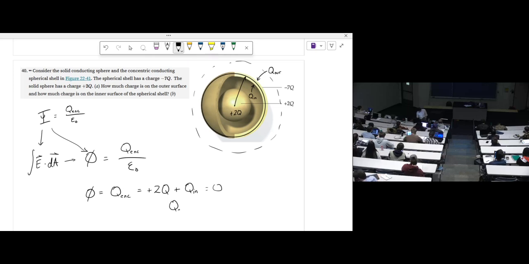So that means Q on the inner wall is equal to minus 2Q. If the net charge has to be 0 because there is 0 net flux inside the wall of the conductor, because there is 0 electric field inside the conductor, then if there is plus 2Q on the inner solid sphere, I have to have minus 2Q distributed evenly over the inner wall of the shell.